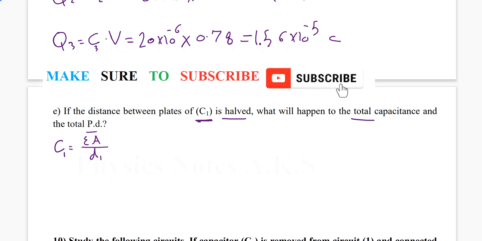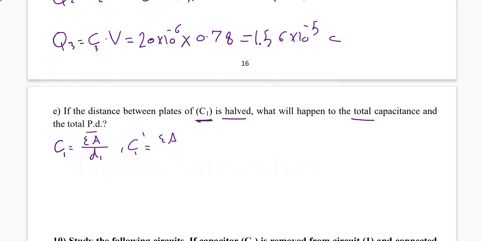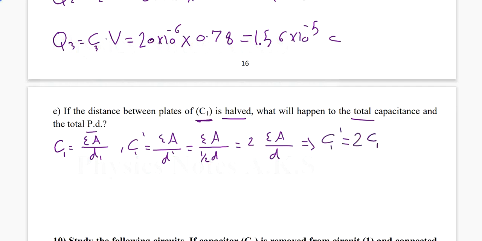After the change, C1 prime is epsilon A over D prime. D prime is half the normal D, so it's epsilon A over half D. This will give me 2 multiplied by epsilon A over D, so C1 prime equals double C1. Okay, so C1 will double after we halve the distance between the plates.